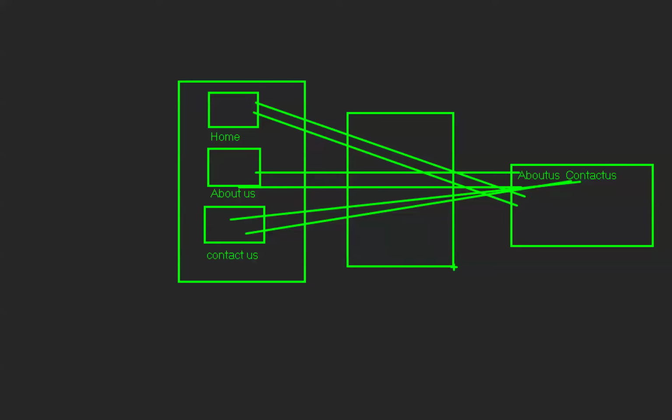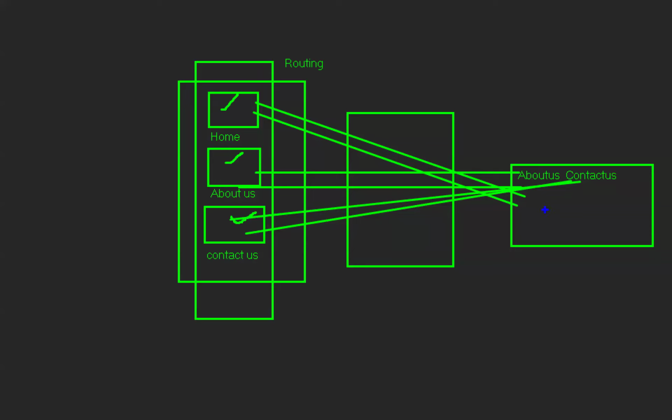So what is the purpose of the single page application? The main purpose is that we create one object, the routing object. We are calling it a routing object. In this object, we hold all these pages: home, about us, contact us, etc.